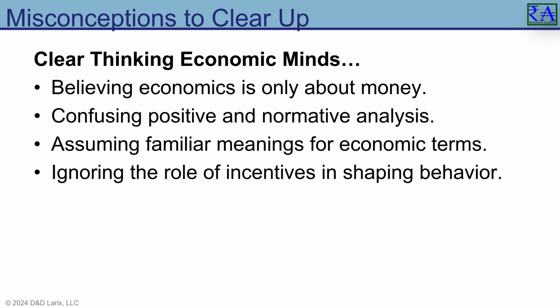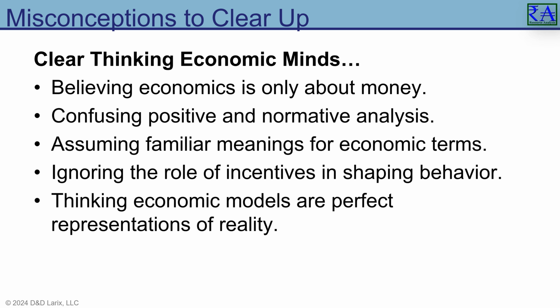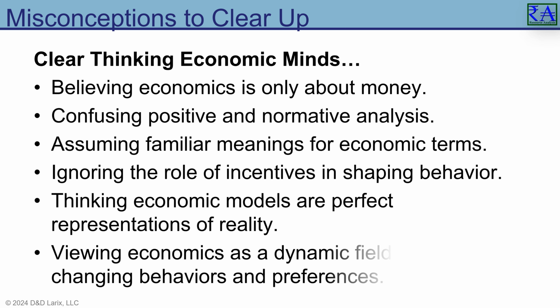We often overlook how incentives influence behavior, assuming that people or businesses always act randomly. Finally, economic models simplify the world. They aren't perfect, but they help us understand complex systems. Microeconomics is also dynamic, adapting to changes in behavior, technology, and market conditions.